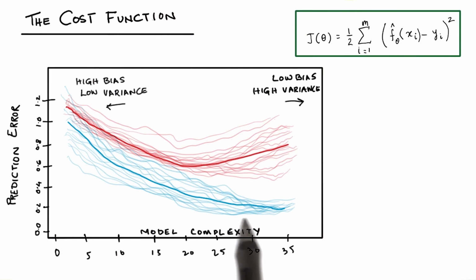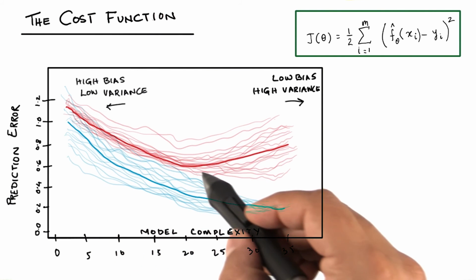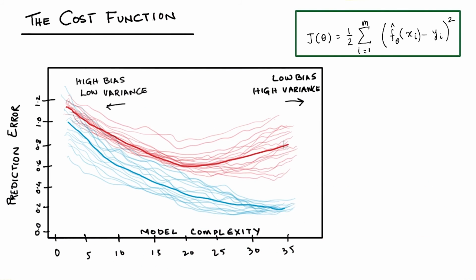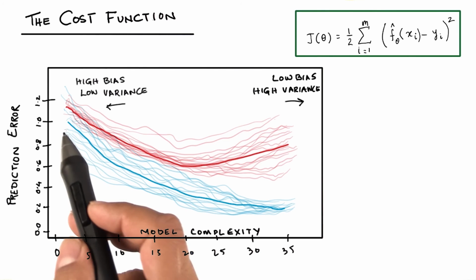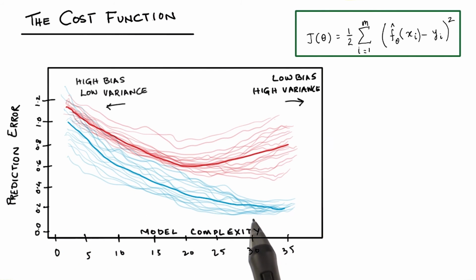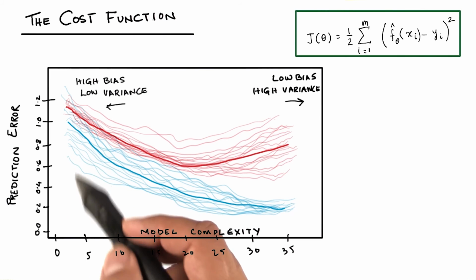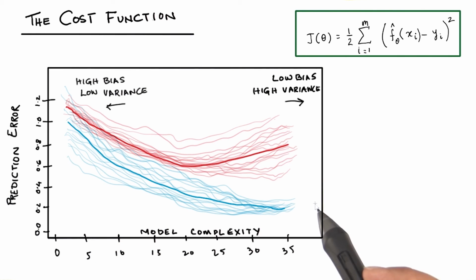Notice how the error on the training dataset reduces as the complexity of the model goes up. However, this is not the case for the prediction error calculated on the test dataset. The solid curves here represent the expected values of all the prediction error curves.